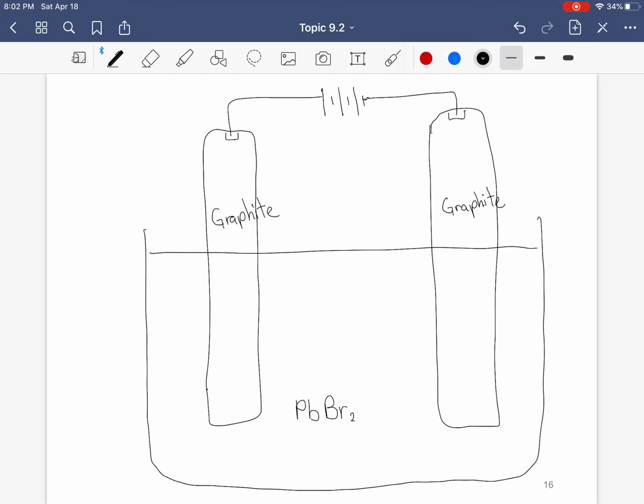Do you remember that? And do you remember that in this battery, this is the positive end, the shorter end is the negative end, and an electron moves out of the negative end, and an electron moves in through the positive end.